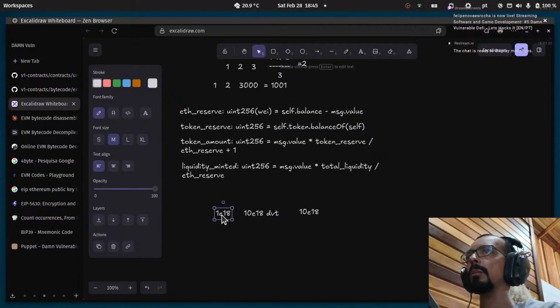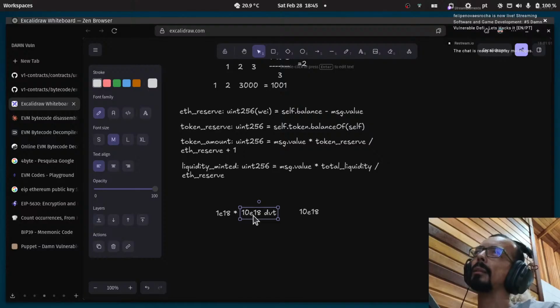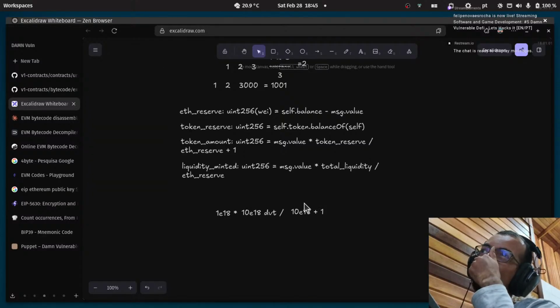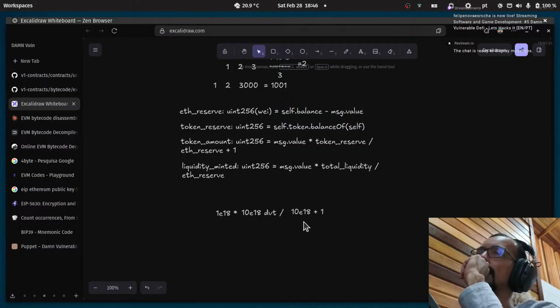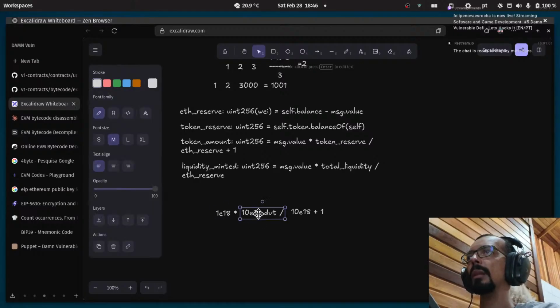And he's multiplying by this and dividing by this plus 1. So I guess the order here for multiplication is that plus that multiplied by that divided by that, and the result sum up 1.